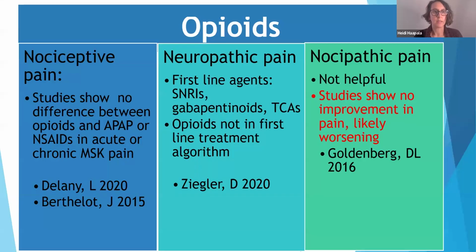And here is the really important part, which is opioid medications. Opioid medications are often used. So that is your morphine medications, hydrocodone, oxycodone. Those are often used for pain. But it's very important to understand that depending on the type of pain, it may not help that much, and sometimes it's worse.